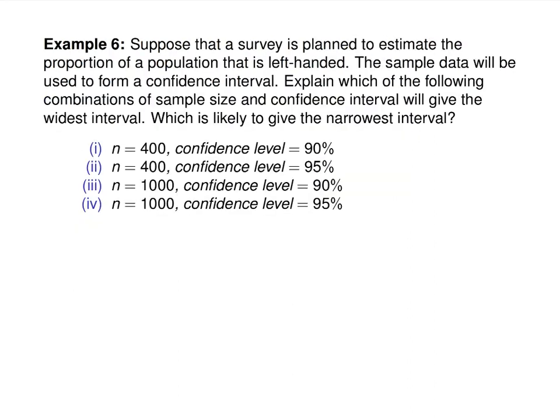So suppose that a survey is planned to estimate the proportion of a population that is left-handed. The sample data will be used to form a confidence interval. Explain which of the following combinations of sample sizes and confidence interval will give the widest interval, which is likely to give the narrowest interval. Okay, so things that make your interval wider. Your interval is wider if you have a smaller sample.